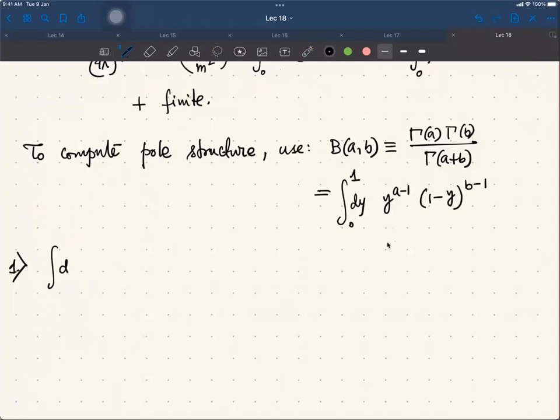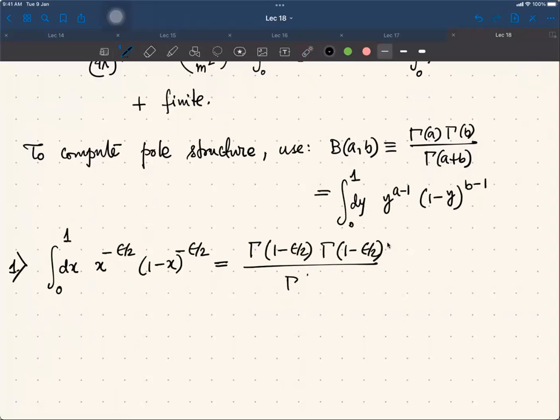The x integral is given by 0 to 1, x to the power minus epsilon by 2, 1 minus x to the minus epsilon by 2, and that is gamma 1 minus epsilon by 2 times gamma 1 minus epsilon by 2 divided by gamma 2 minus epsilon.